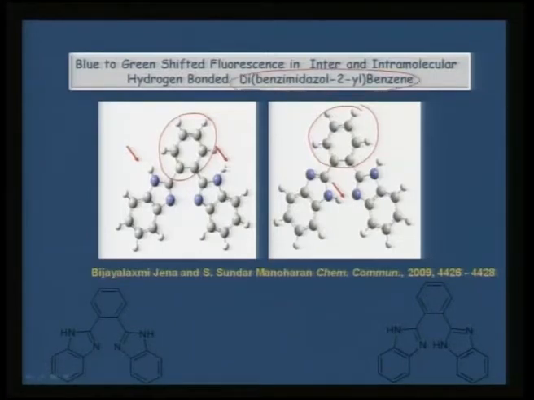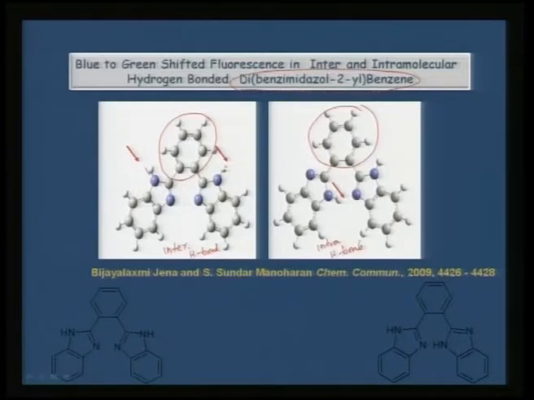Now, this imidazole can have the NH groups facing outward or one NH group facing inward. So, depending on that, I can either talk about the possibility of intermolecular hydrogen bonding, or I can talk about intramolecular hydrogen bonding.